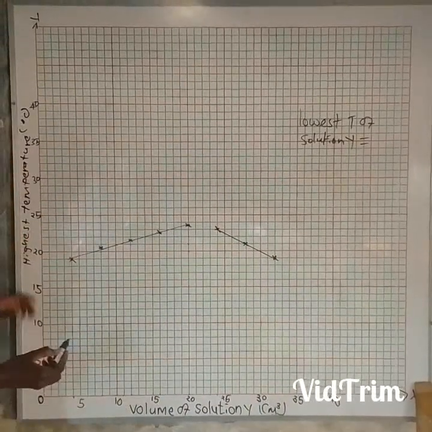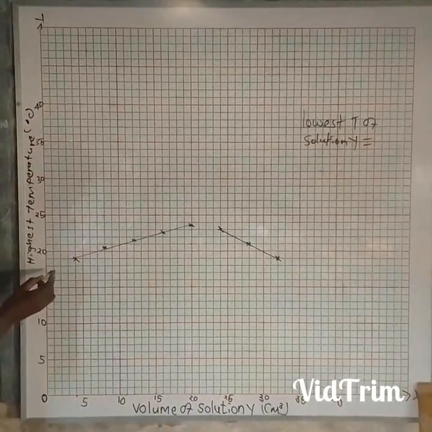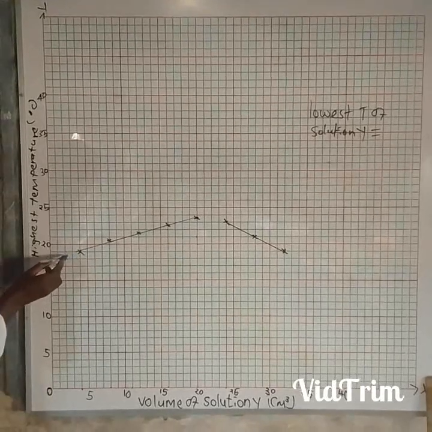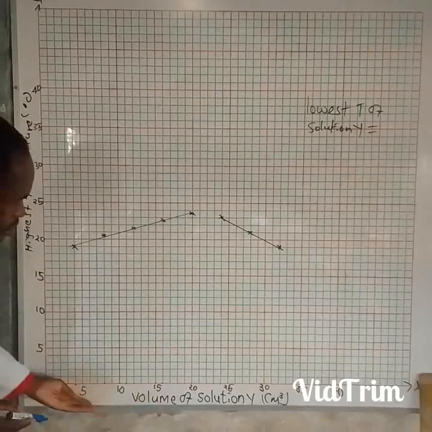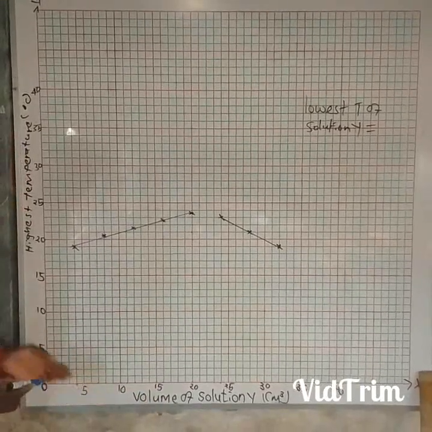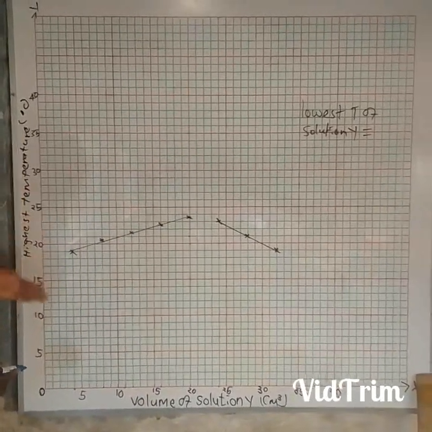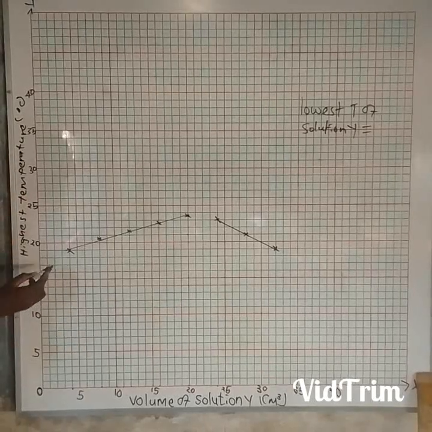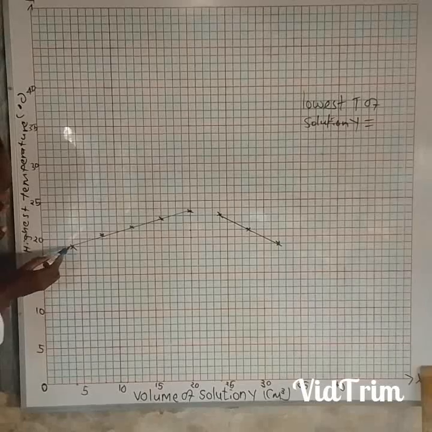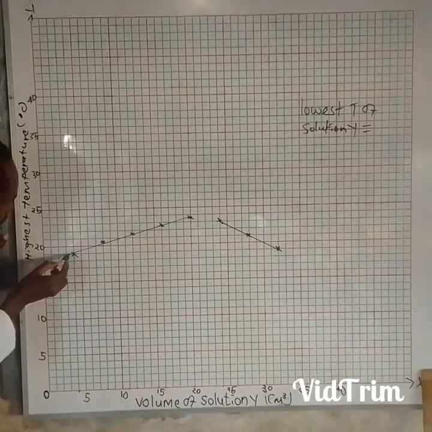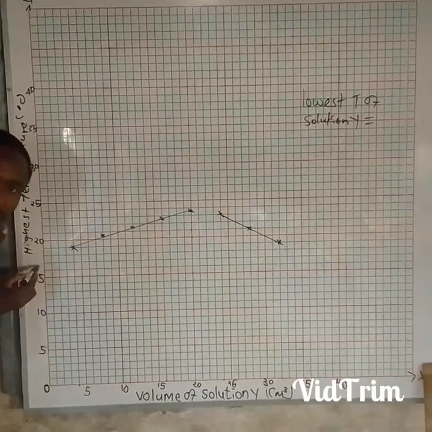So look here, my student. This is now the volume of solution Y, but on the y-axis this is where we have the temperature. If you want to get the lowest temperature, you extrapolate or extend this straight line until it touches the y-axis.